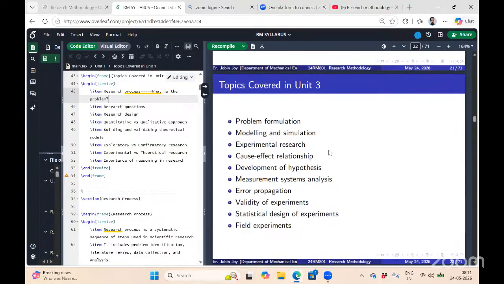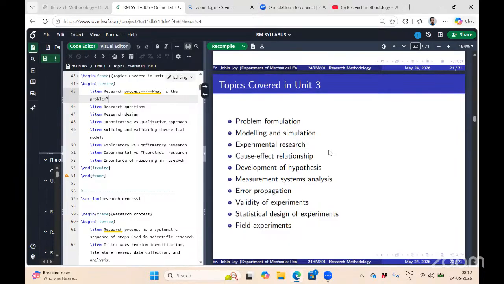That is the meaning of error propagation: how the error affects the final result. In some cases, even though the error is very small, it will create a big impact on the final result.